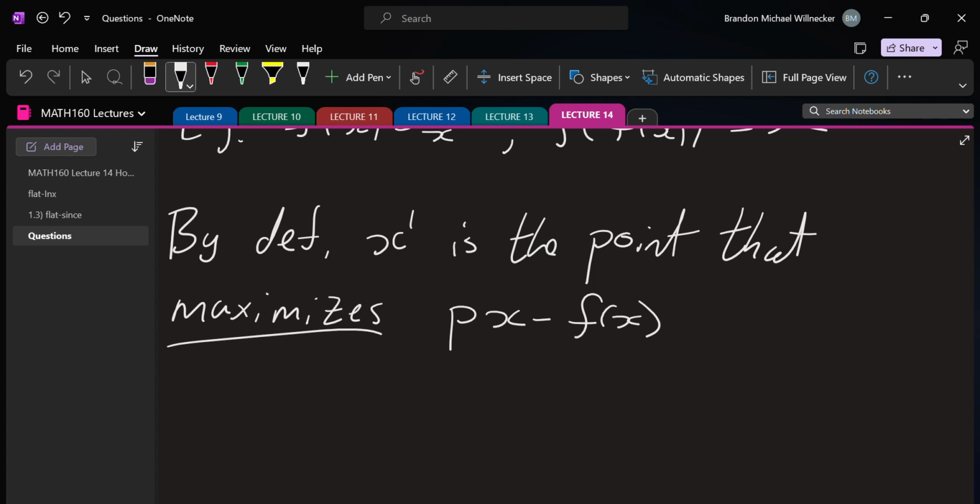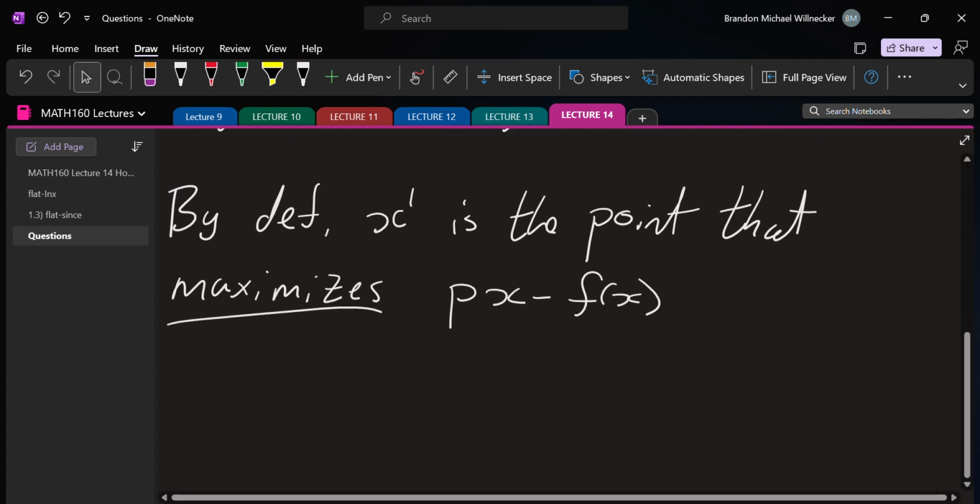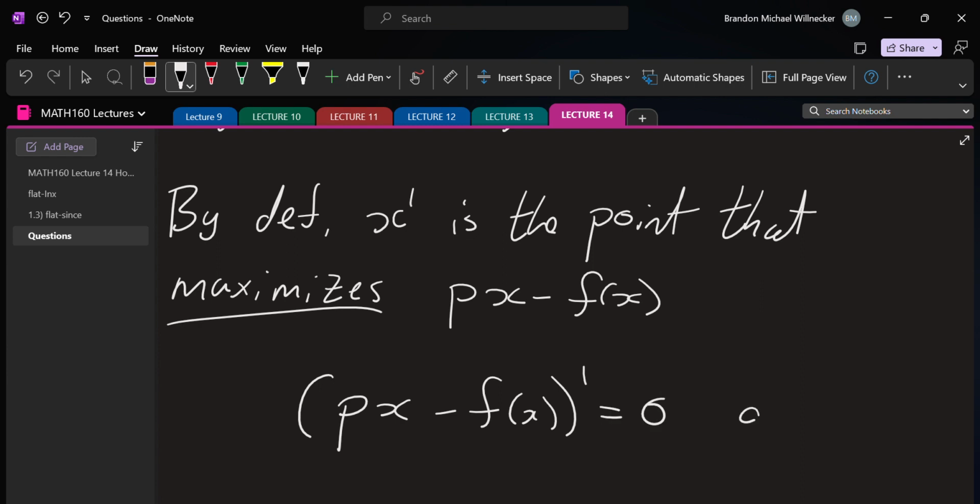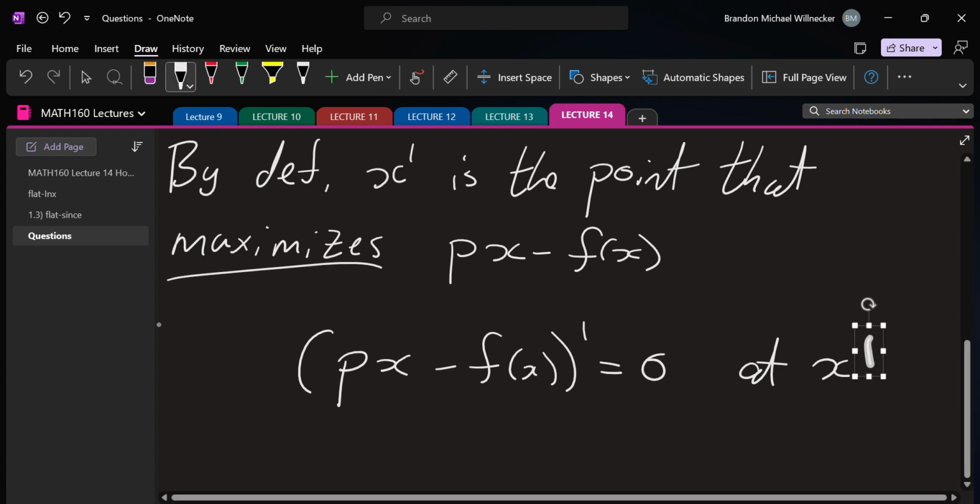If we take the derivative and substitute x prime, it's going to be 0. That's the criterion for minimum and maximum. We're following exactly the same steps as for the previous three cases. It's just that in this case we don't know what f is, but we can still do the process.